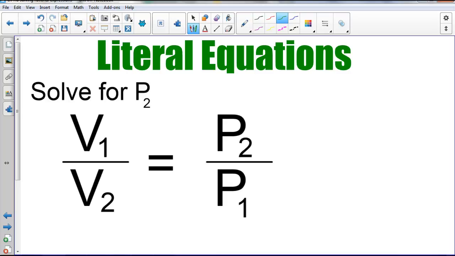Lots of formulas. Okay, so here's an example of a formula, all letters. And I know in the past people always tend to grunt and moan that they don't like these because there's no numbers, there's nothing that you can solve. But I just want you to pay attention to the process of how to solve an equation.